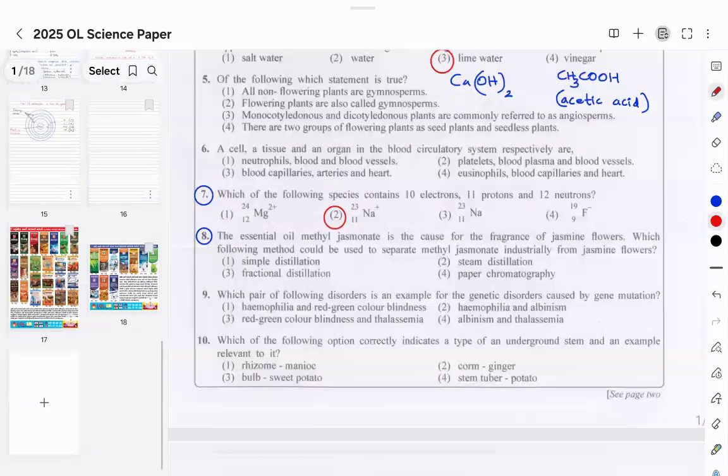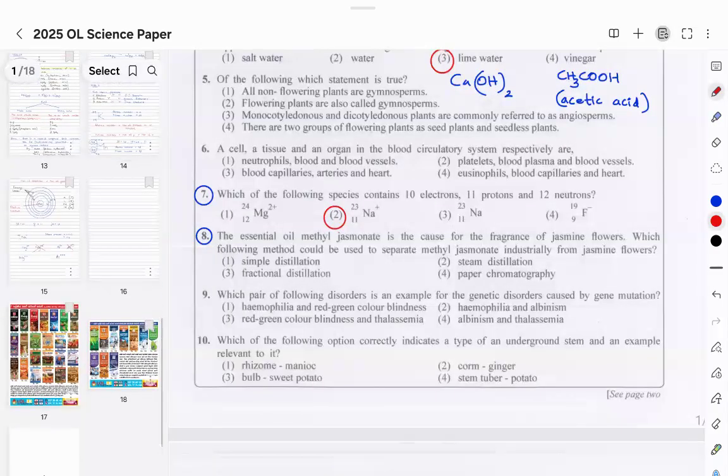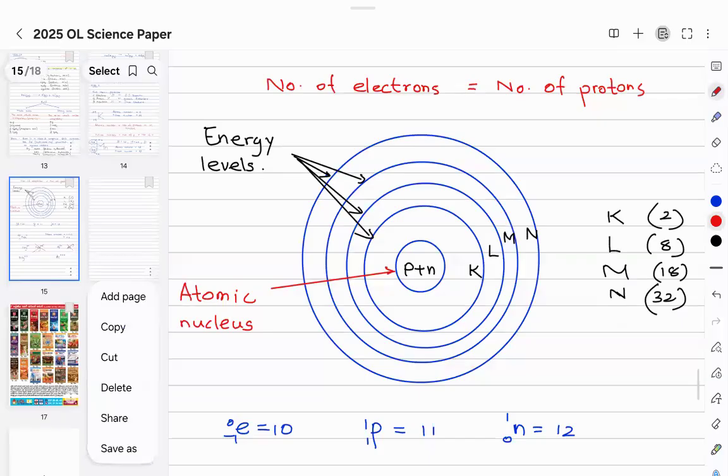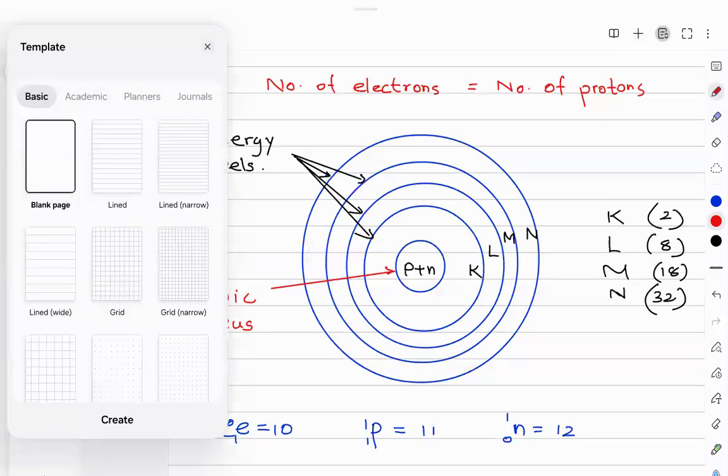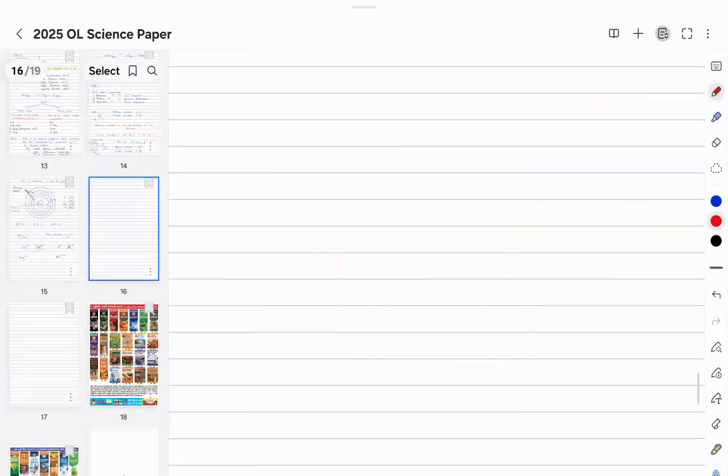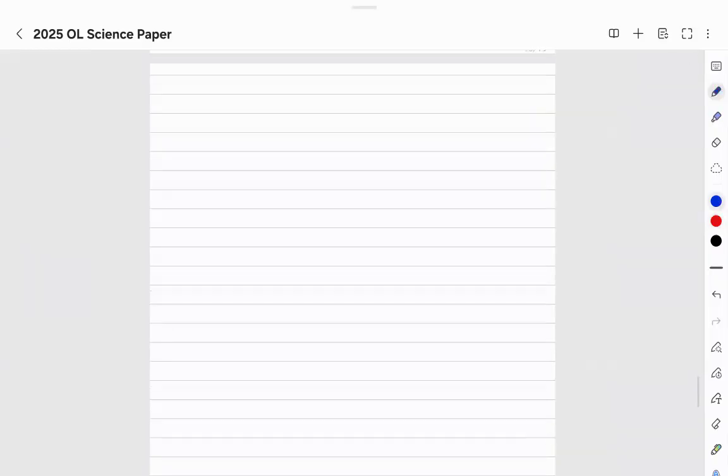First of all, what does essential oil mean? Remember, students, essential oils are vaporizable oils which are taken from plants and animals.